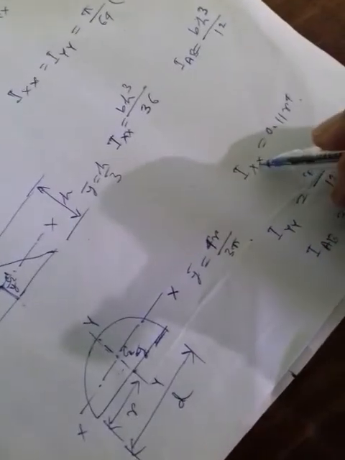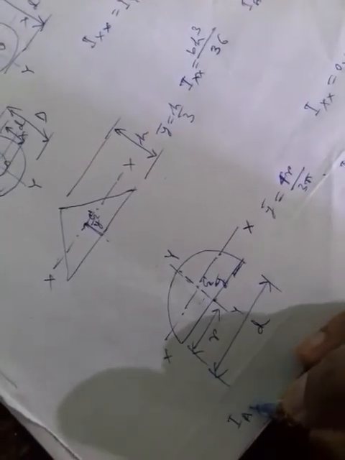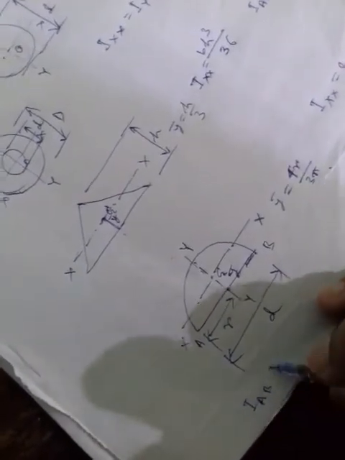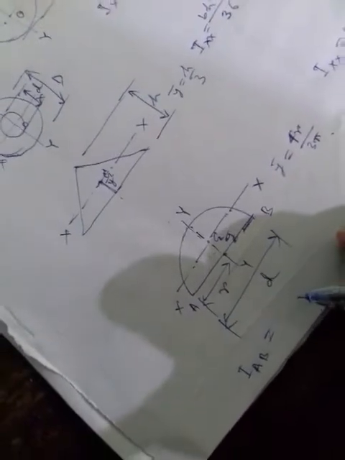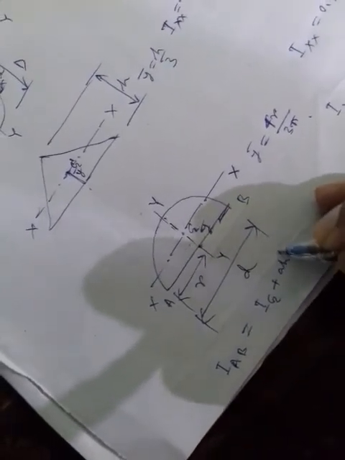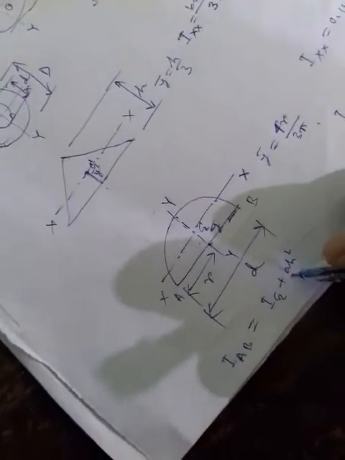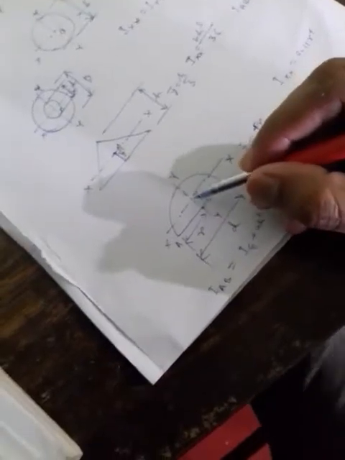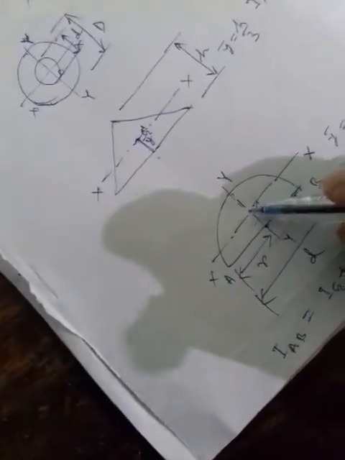So how can we get this value? I can explain that. Let this be AB. We know that IAB, the moment of inertia about any axis other than the axis through CG, equals IG plus A h square. Here A is the area of the semicircle, and h is the distance from the CG to the base, that is from G to AB.